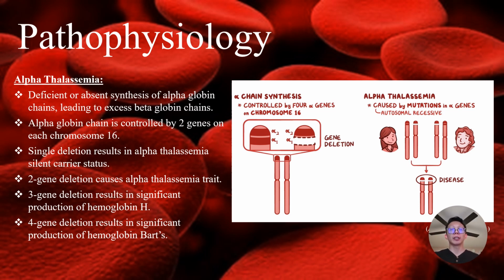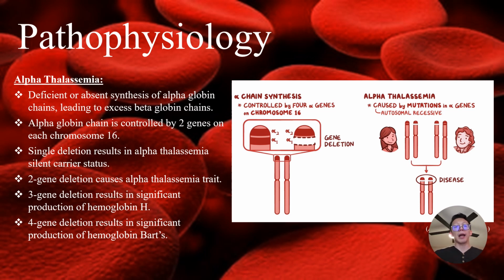As I have just recently mentioned, there are two types of thalassemia. One is alpha, and the other one is beta thalassemia. So let's go ahead and go over alpha thalassemia first. Now, what is alpha thalassemia? This is primarily a genetic disorder, mainly characterized by a deficiency in the production of alpha globin chains.